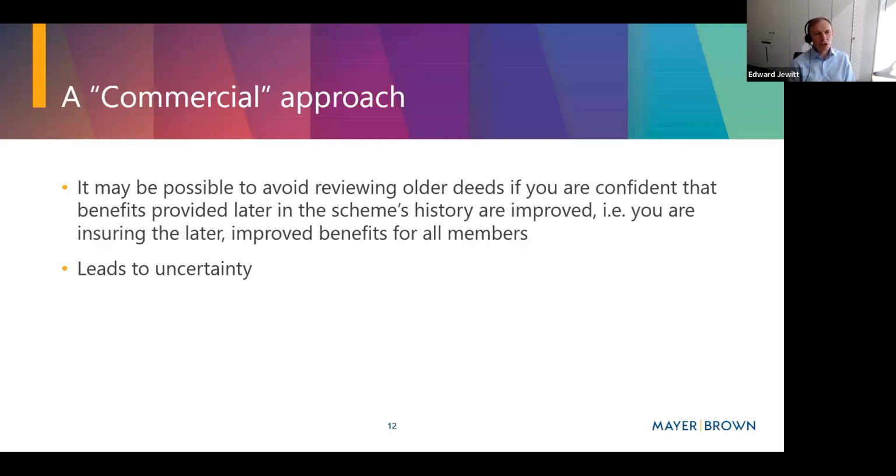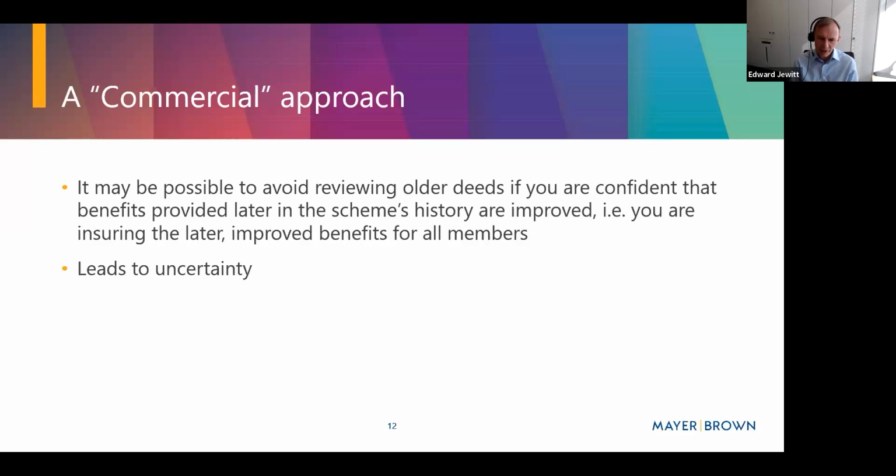I've called this one a commercial approach because it's about reducing the scope of the work that you do on the benefit specification with a view to saving costs. Helen explained earlier that members' benefits are usually set by the rules that were in force at the point that a member left pensionable service.